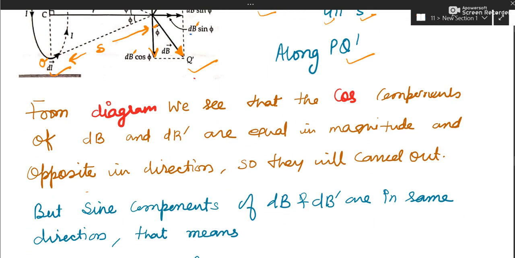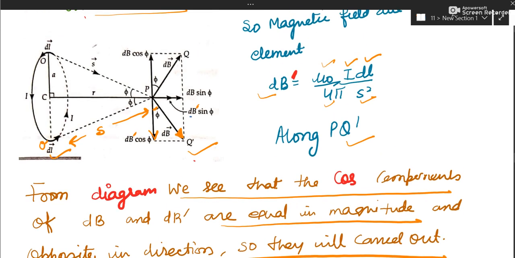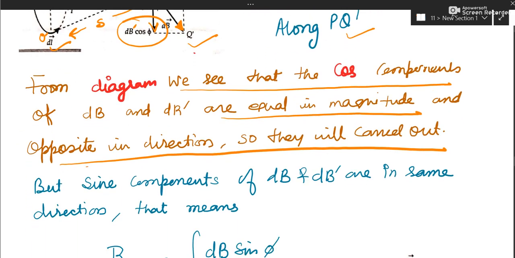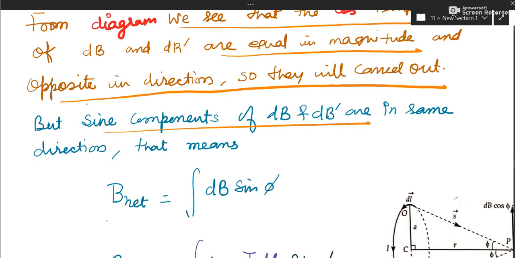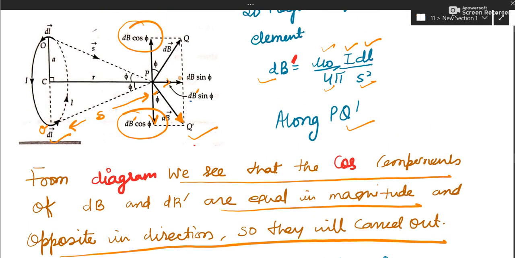Then you say from the diagram we see that the cos components are equal in magnitude and opposite in direction, so they will cancel out. You can see in the diagram the cos components of both will cancel out. But the sine components are getting added up. So you can see this is one sine component, and this is the other sine component.